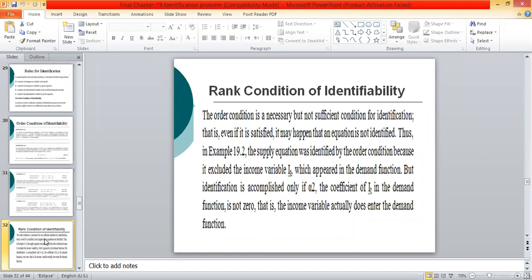That is, even if an equation is identified through the order condition, it may happen that the equation is not identified by the rank condition. It is possible that an equation is identified by order, but unidentified by the rank condition.